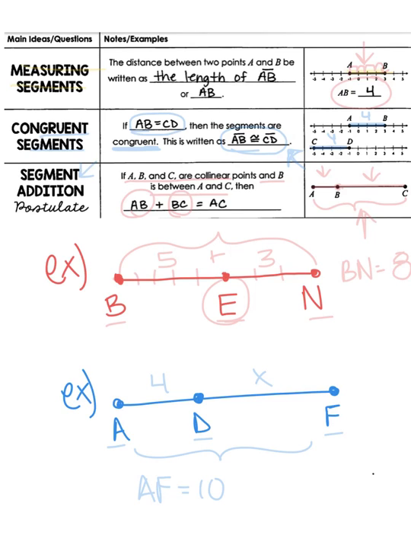Well, we know that the whole length is 10, so we would take 10 minus the length of AD, which is 4, and that'll give us the remaining length, which will be 6. So the length of DF would be 6. If you want to check, you know that 4 plus 6 equals 10. And that's what the given information said.